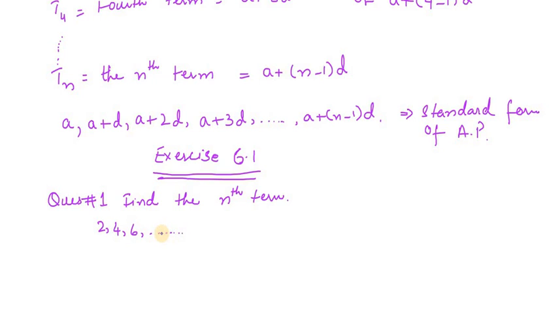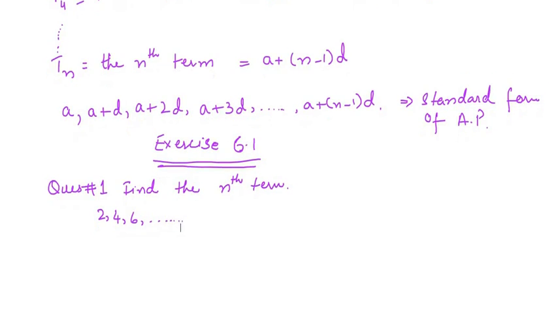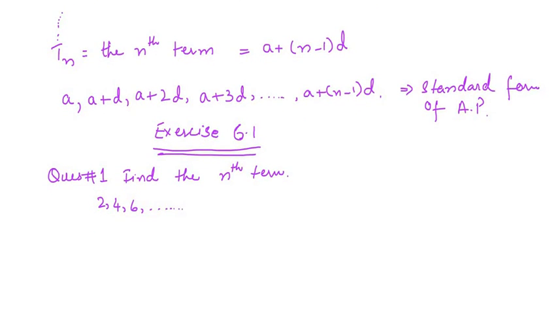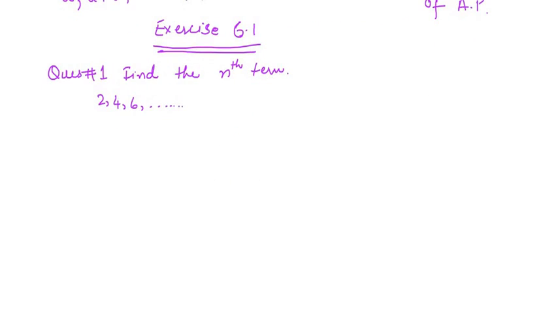So here first we identify the sequence, because you are given different sequences: arithmetic, geometric and harmonic. Here we discuss arithmetic progression, in which the difference between two consecutive terms is fixed. That means 4 minus 2 is 2, and 6 minus 4 is also 2.